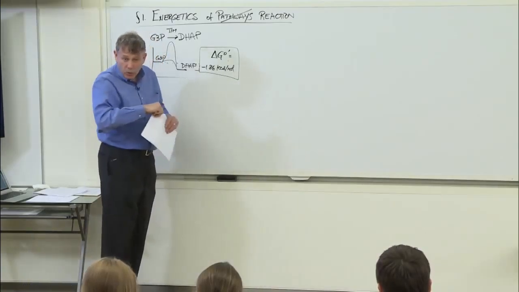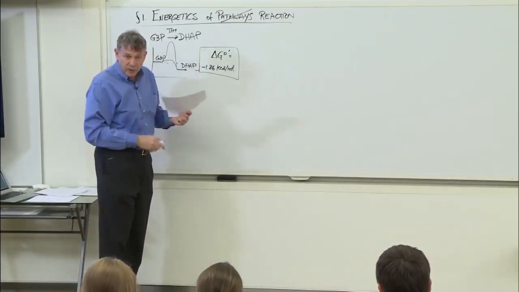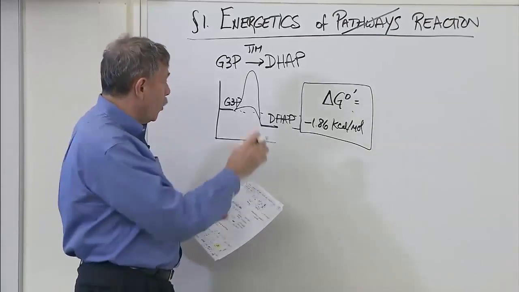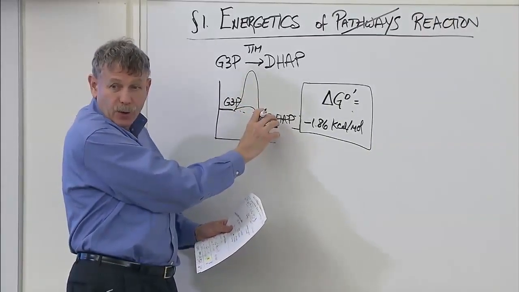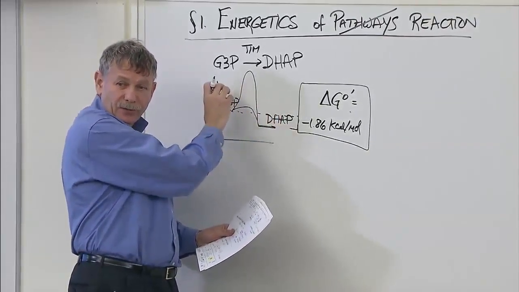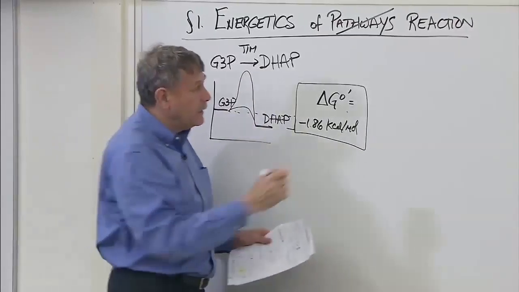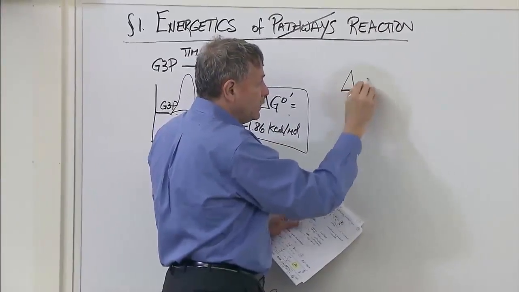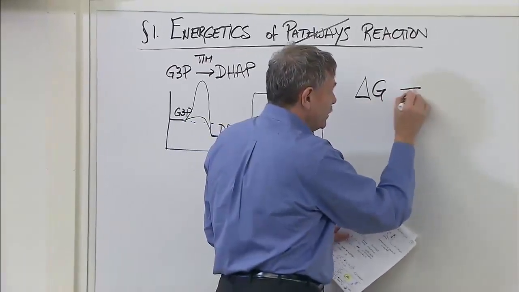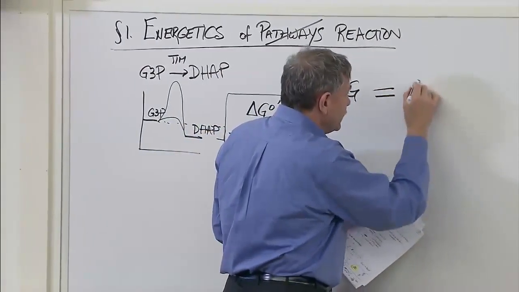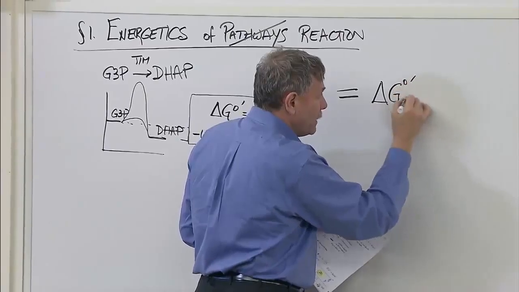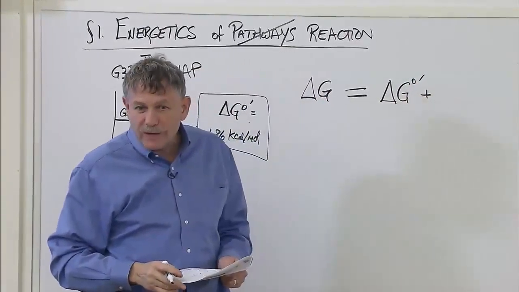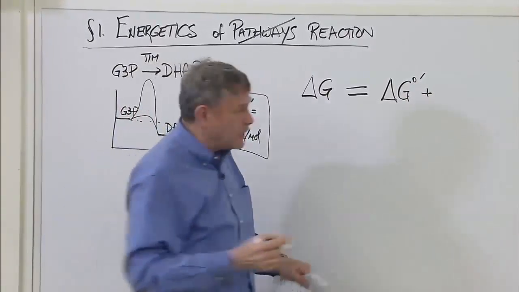Well, the way you know which way a reaction is going to run, whether all of this will get converted to all of that, or this will get converted, 5% back to that, depends on this number, delta G, which is not delta G0 prime, because it doesn't have a 0 prime on it. Yeah, good, you got that. What it is is delta G0 prime plus a term that has to do with entropy, with relative concentrations.